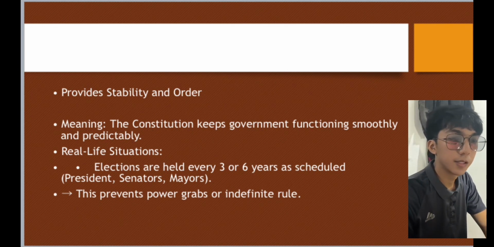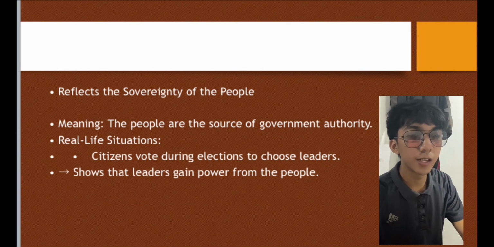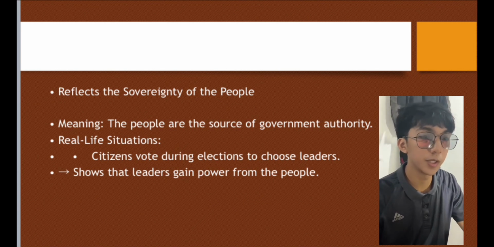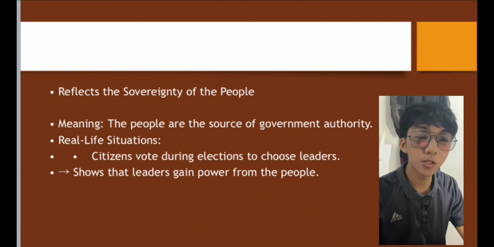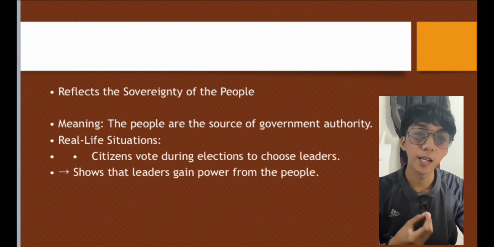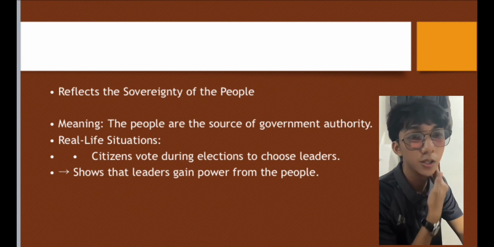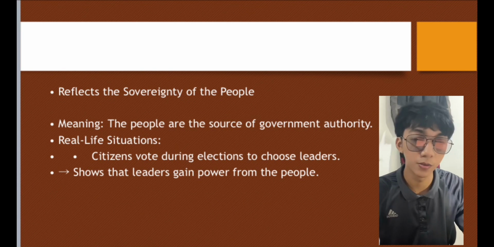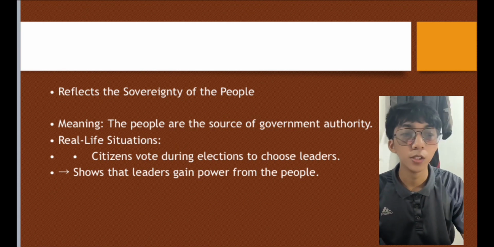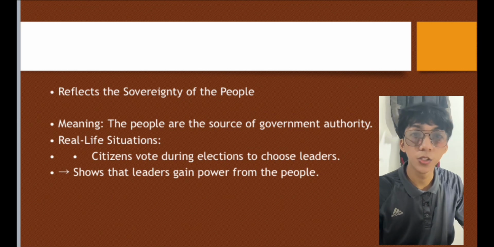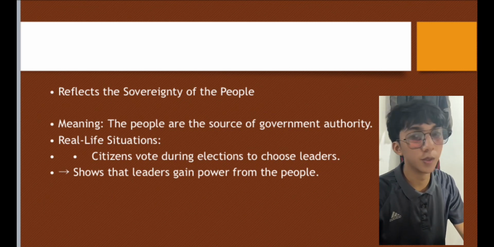Then next, it reflects the sovereignty of the people, meaning the people are the source of government authority. So we put someone in position as a representative of us. They are not the rulers, they are just the mere voice, our voice. Real life situation, citizens vote during elections to choose leaders, which shows that the leader gained power from the people.